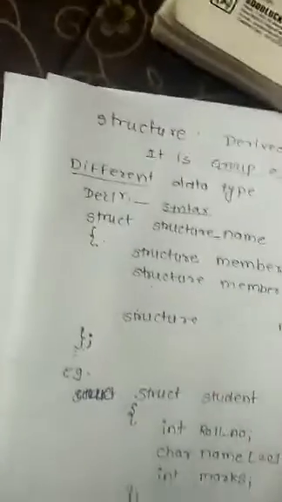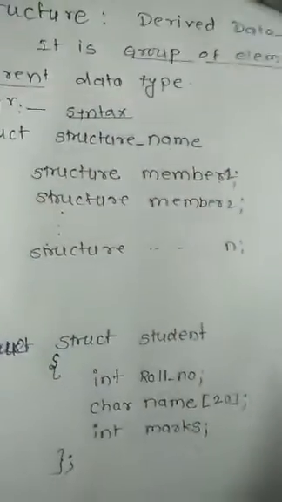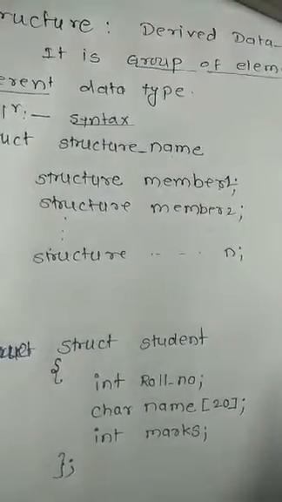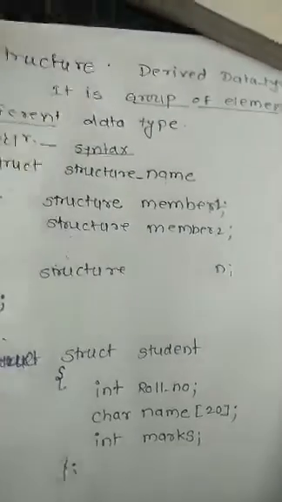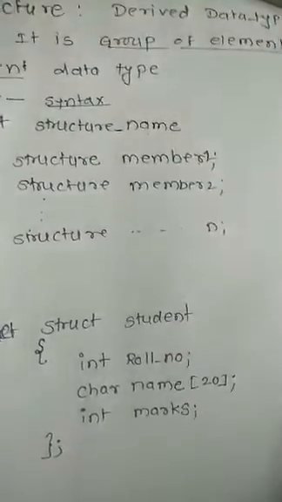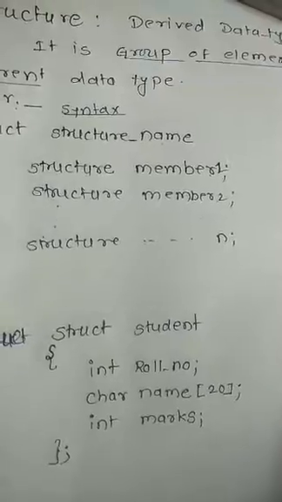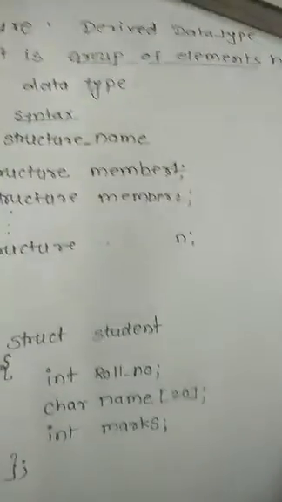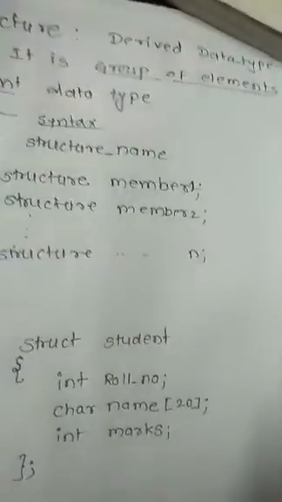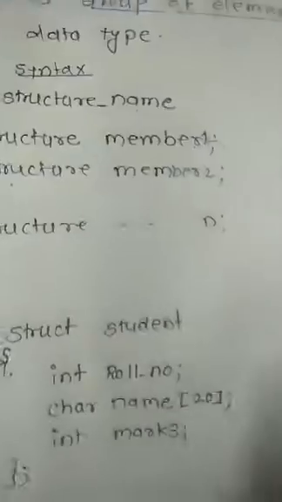This is a group of data, so you have a group format, and in this group you have the roll number.